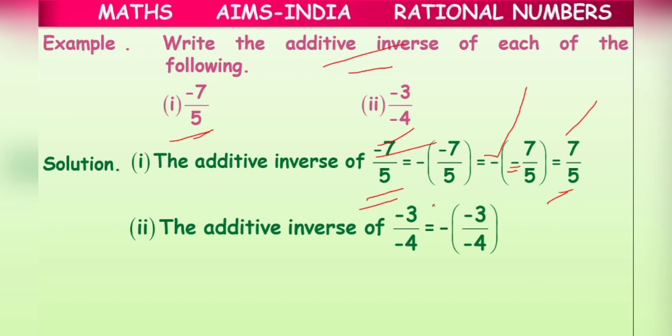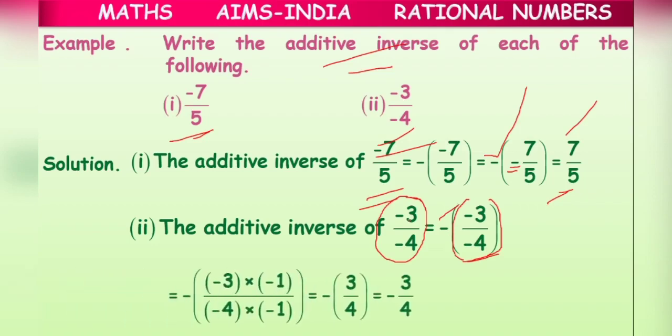Okay. Now we have minus 3 by minus 4. What will we do? We will keep the given rational number in whole brackets, and outside we will multiply with the minus sign.